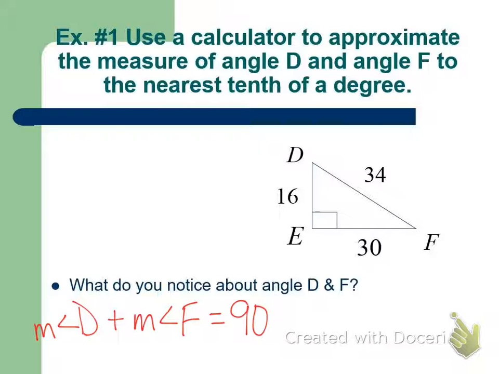And it really doesn't matter to me. Somebody give me a trig function. Sine, sure. So if we were to take the sine of angle D, what would we say that it should be equal to as a fraction? 30 over 34.